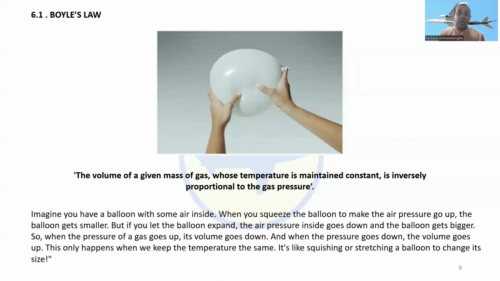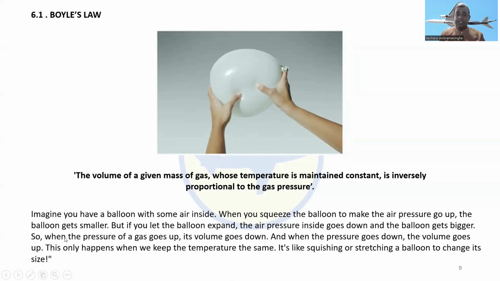Imagine you have a balloon with some air inside. When you squeeze the balloon to make the air pressure go up, the balloon gets smaller. But if you let the balloon expand, the air pressure inside goes down and the balloon gets bigger.